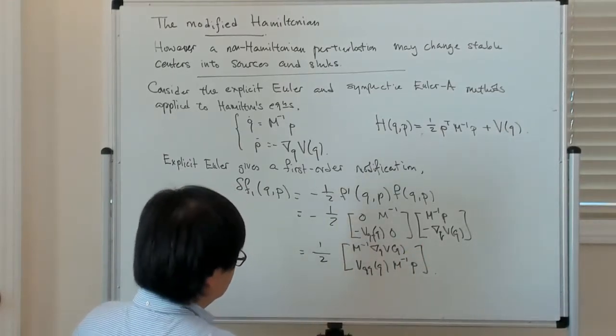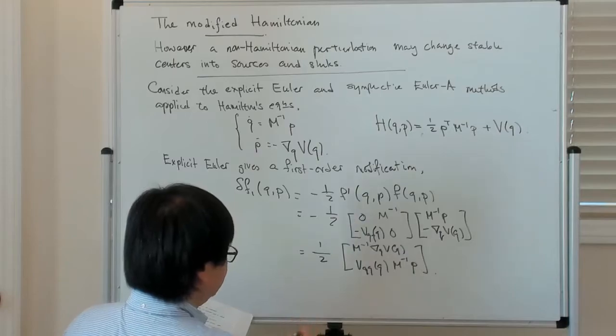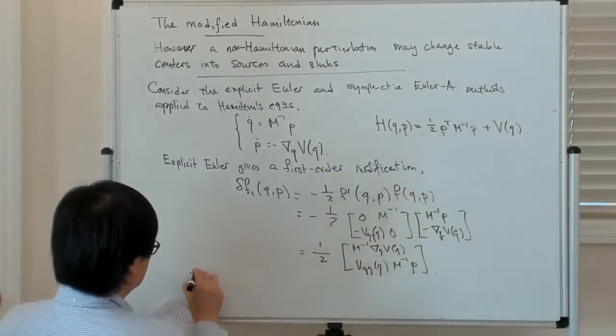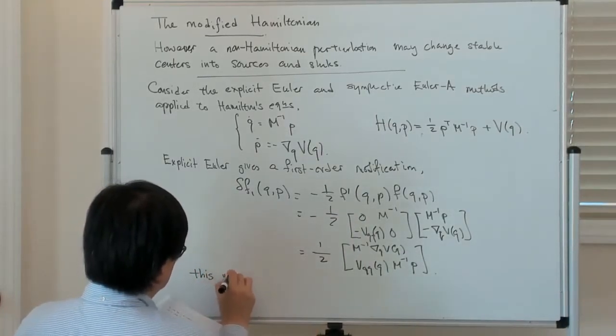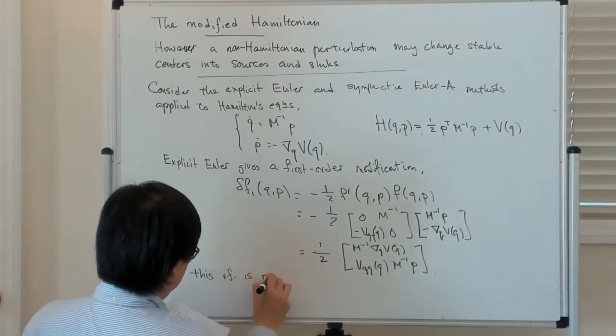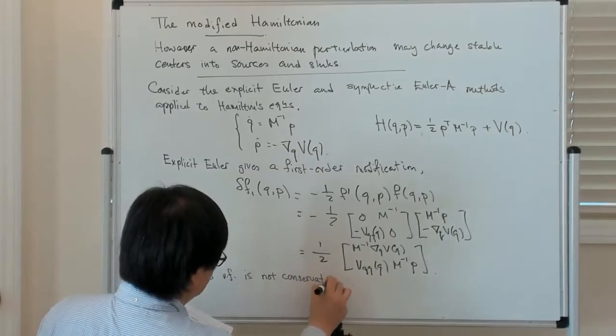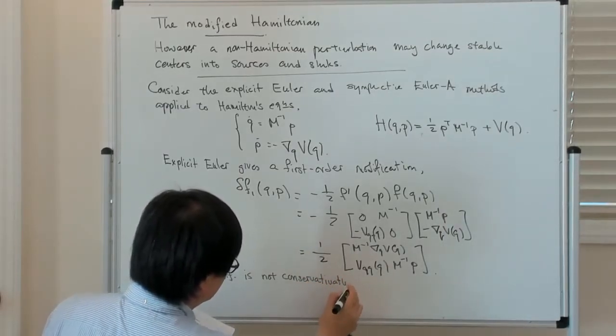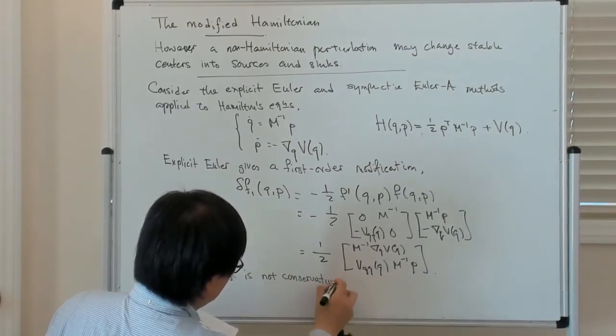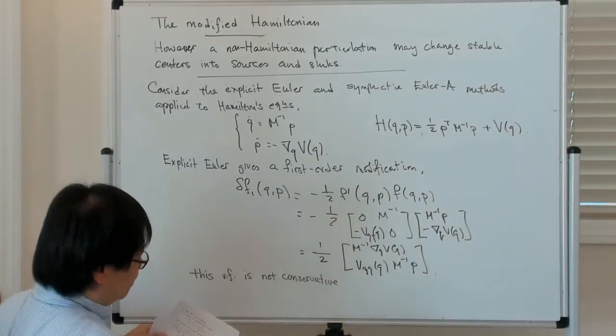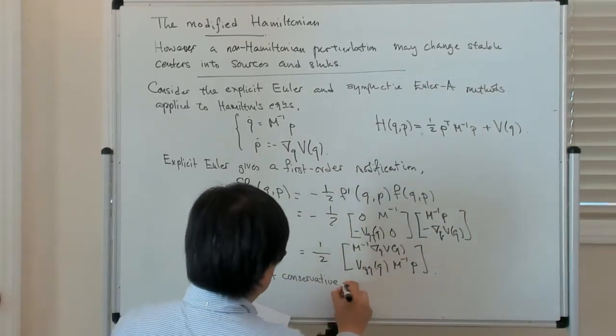Okay, so you can observe that this vector field is not conservative. What that tells you is that it cannot come from a Hamiltonian, it's not a Hamiltonian vector field.